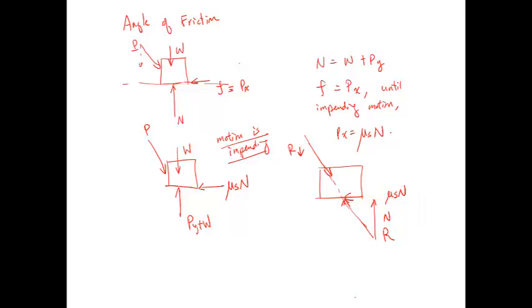That's my force triangle, and that makes up that angle. If this is mu s N and this is N, you can see here's my angle. So my angle phi, or tangent of my angle phi, is equal to mu s N over N, that's mu s. Therefore, we call this the angle of friction.